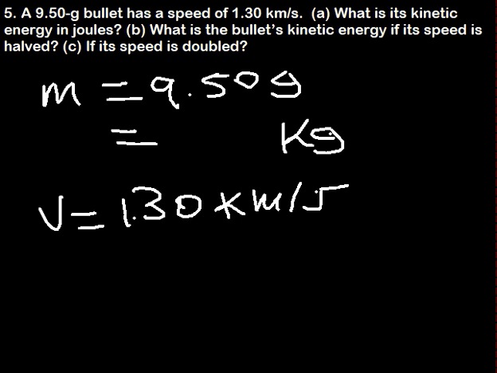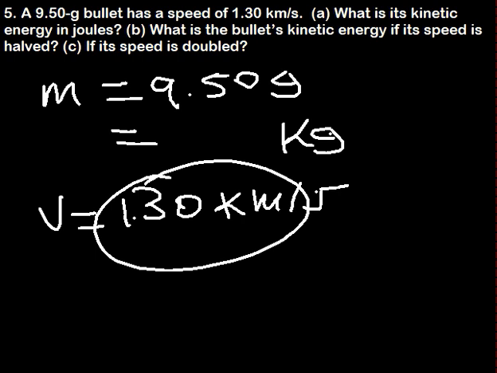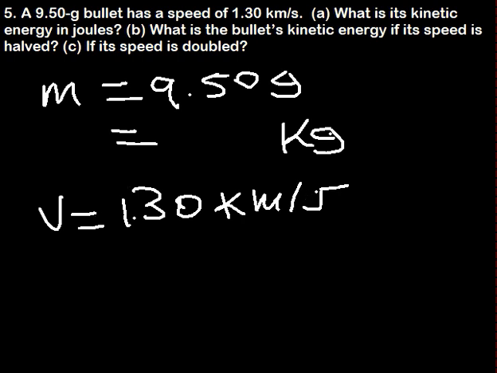So which means we just have to simply divide the speed by 2, then solve for the kinetic energy. Likewise, question C says if its speed is doubled, so we'll have to multiply the speed by 2, then we'll have the kinetic energy. So try to do that in your own time.